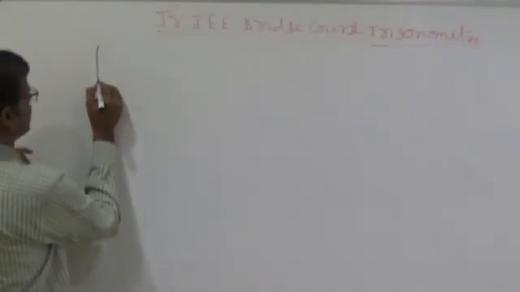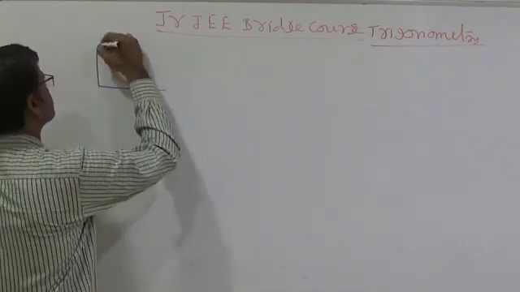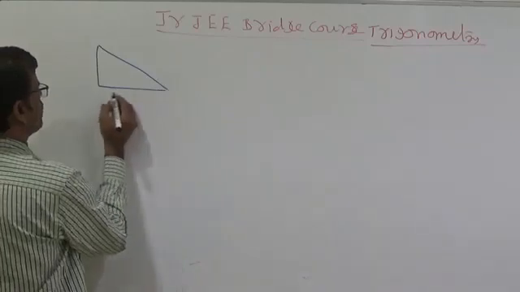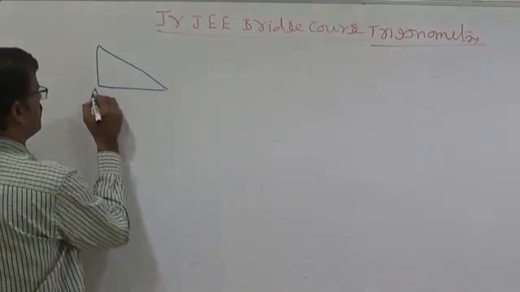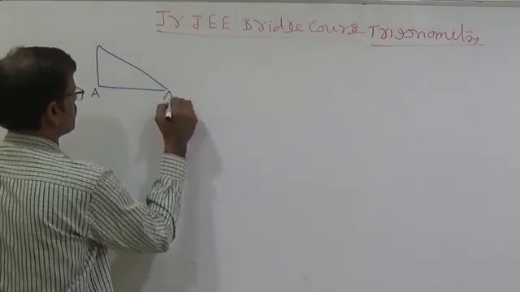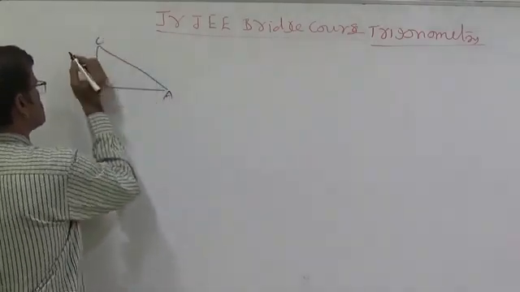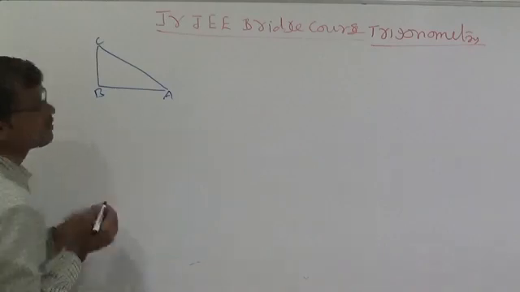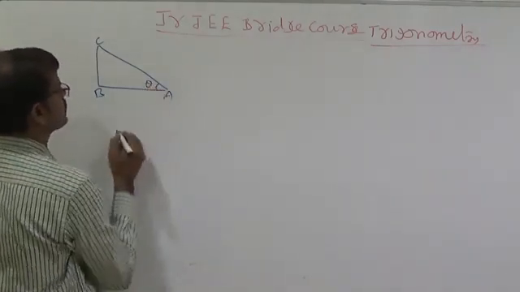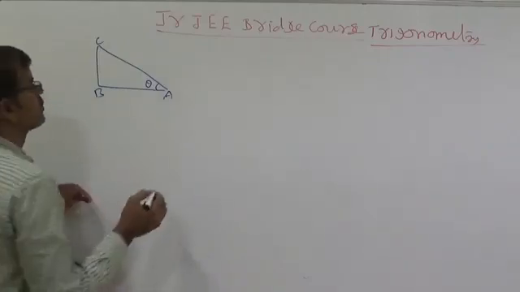Take a diagram like this. Put a triangle, put here A. This is A, this is C, this is B. Put here theta. That's all.